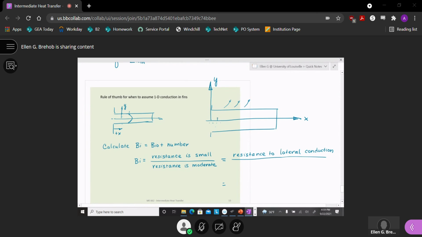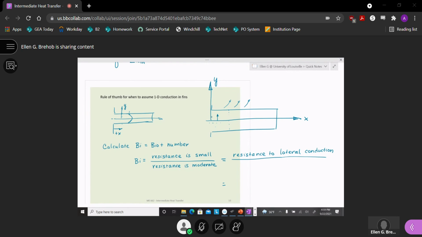And lateral conduction means how it's conducting away from this center line. Again, we'd like to be able to have this uniform temperature throughout. And if it takes a long time, if it's slow for it to move away from this center line, it is unlikely. So I want low resistance.